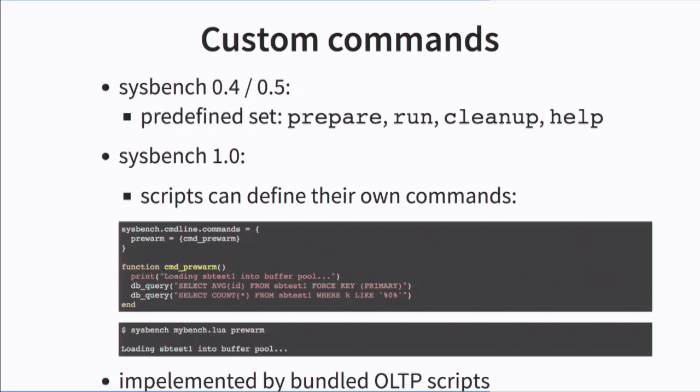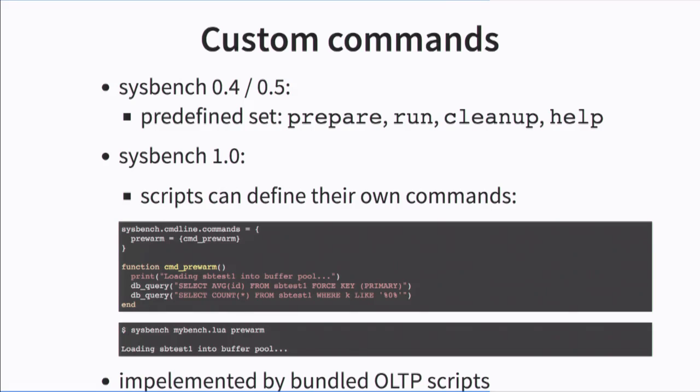It's now possible to create custom commands. In the old sysbench versions, there was a predefined set of commands: prepare, run, cleanup, and help. In the new sysbench, user scripts can define their own commands. Here's an example. It defines a command called prewarm, which can be used to load the data set, to warm up the database cache.